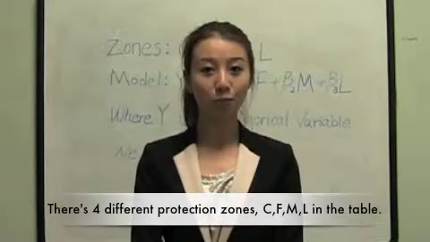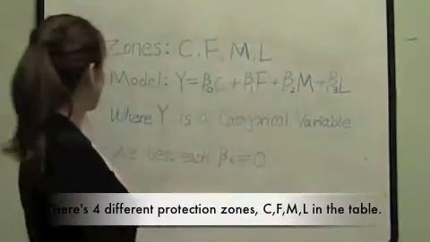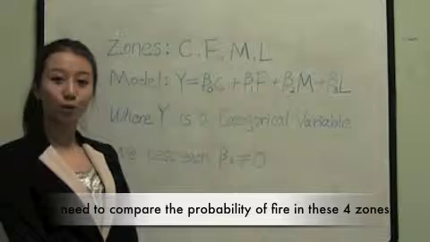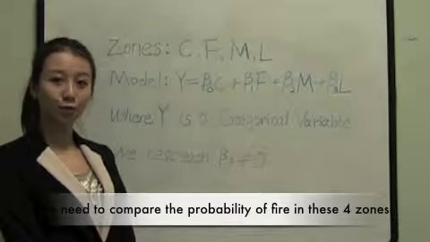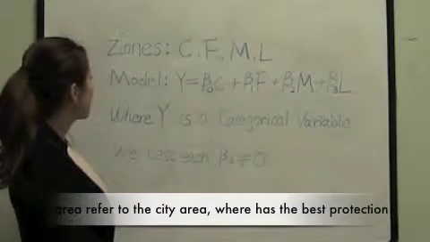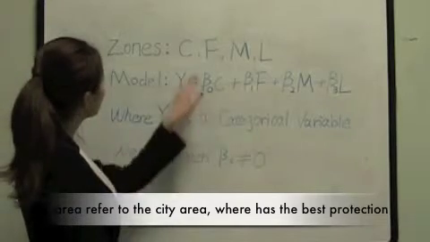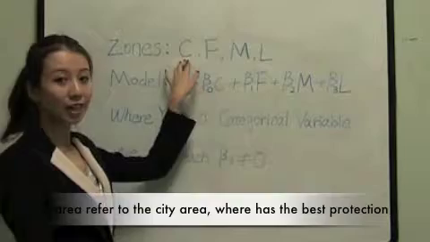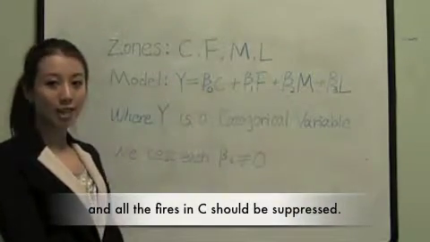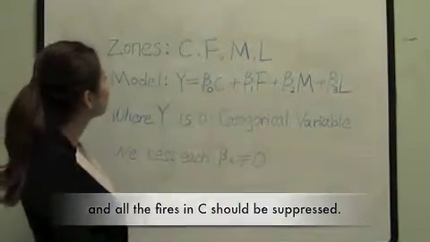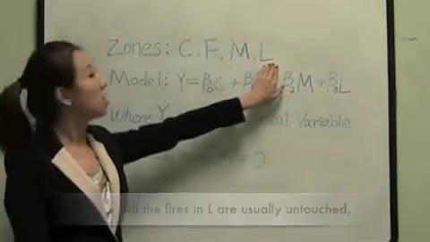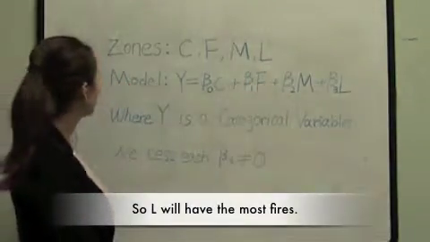There are 4 different protection zones: C, F, M, L. We need to compare the probabilities of fires happening in these 4 zones. Here C refers to the city areas, which have the best protection, and all the fires in C should be suppressed. All the fires in L are usually untouched, so L will have the most fires.